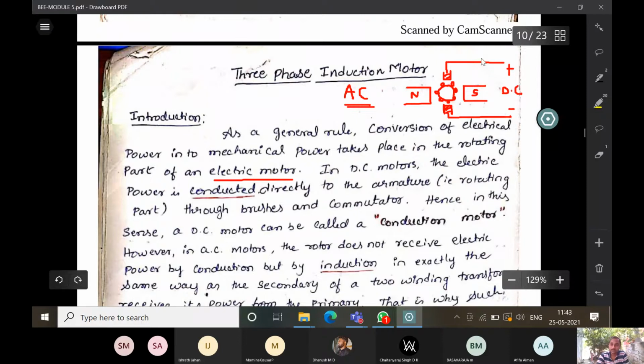Then voltage is given, so current starts flowing in the DC motor.